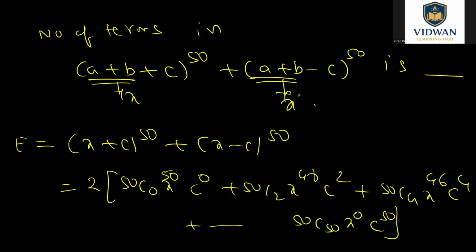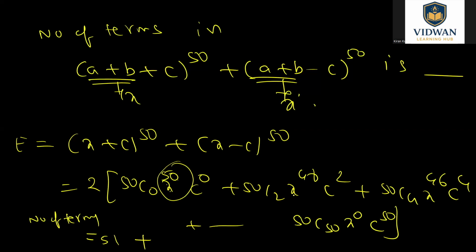So you'll get this kind of terms. Now, what is x power 50 actually? X is a plus b. So this is a plus b power 50, which will have how many terms? 51 terms. So I'm writing number of terms equal to 51 terms. Like x power 50 itself is a plus b power 50, which is a binomial. Into c power 0 will still not change the number of terms.